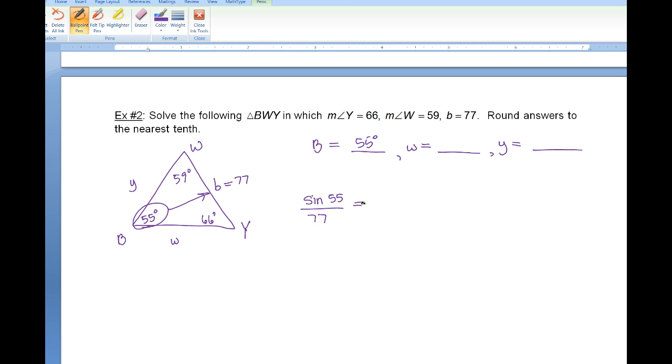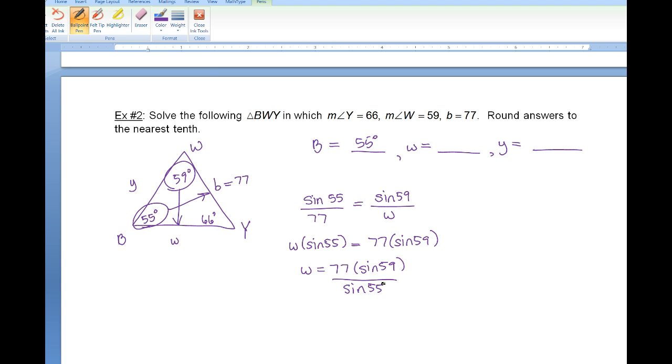Now I have a choice, I can find y or I can find w, it doesn't really matter. Let's say I'm going to use w. So I have sine of 59 over w. So I have w times sine of 55 equals 77 times sine of 59. And then w is going to be 77 times sine of 59 over sine of 55.